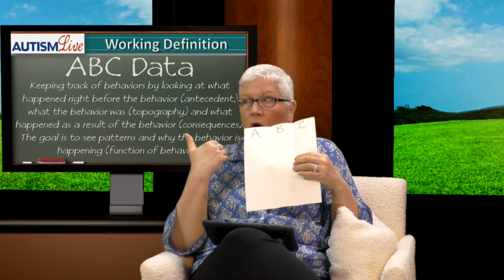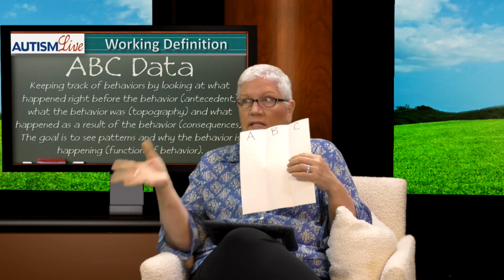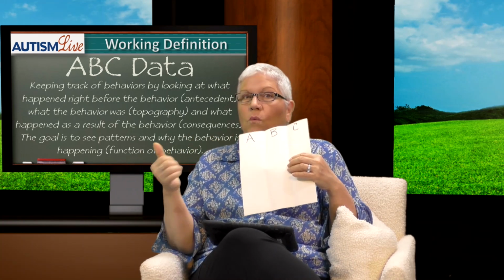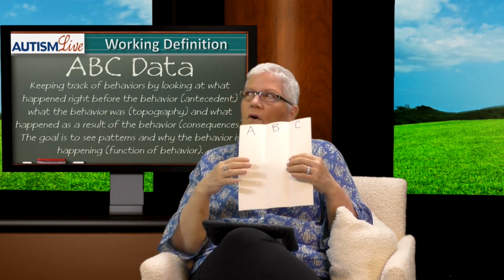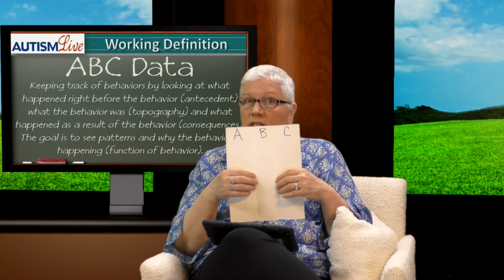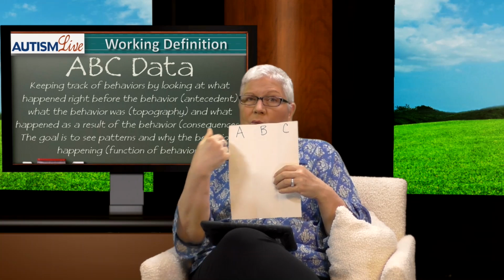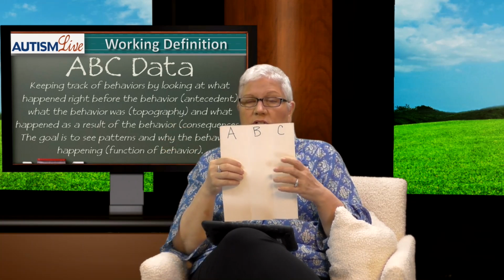Ask yourself, okay, what did I just do? I just did something, a behavior. What was the antecedent and what was the consequence? And you'll go, we're all walking around doing these little behavior chains all day, right? And so is your kid or your teen or your adult on the autism spectrum. And knowing what these three things are is going to lead you to understand a lot of different things.